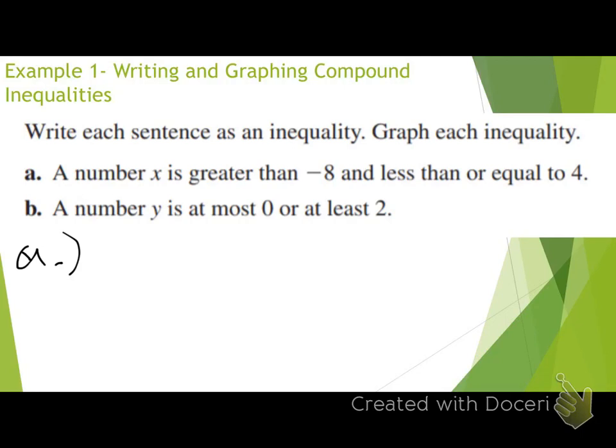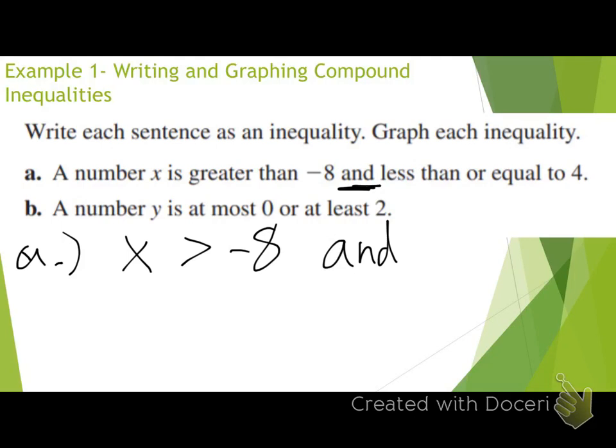Well, the first inequality, a number x is greater than negative 8. What would that look like? X is greater than negative 8. Everyone okay with it? And what type of compound inequality is it? And or? And less than or equal to 4.